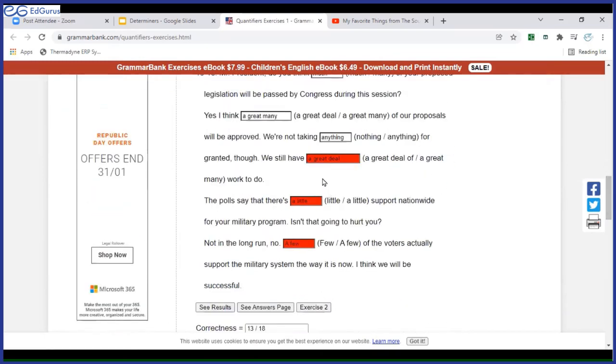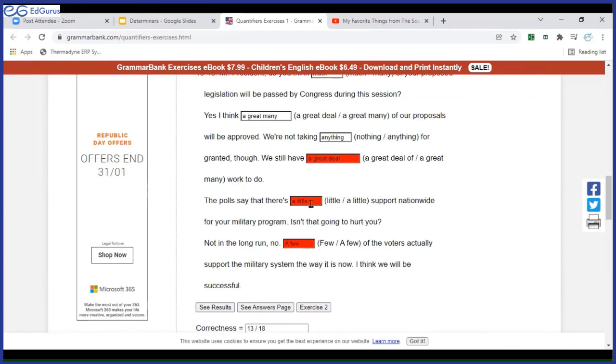We still have a great deal of work to do. Yes, your answer is correct. A great many work to do is not correct because here it is work. This answer has not been given correctly by them. The polls say that there is a little support nationwide because this sentence is the negative form.